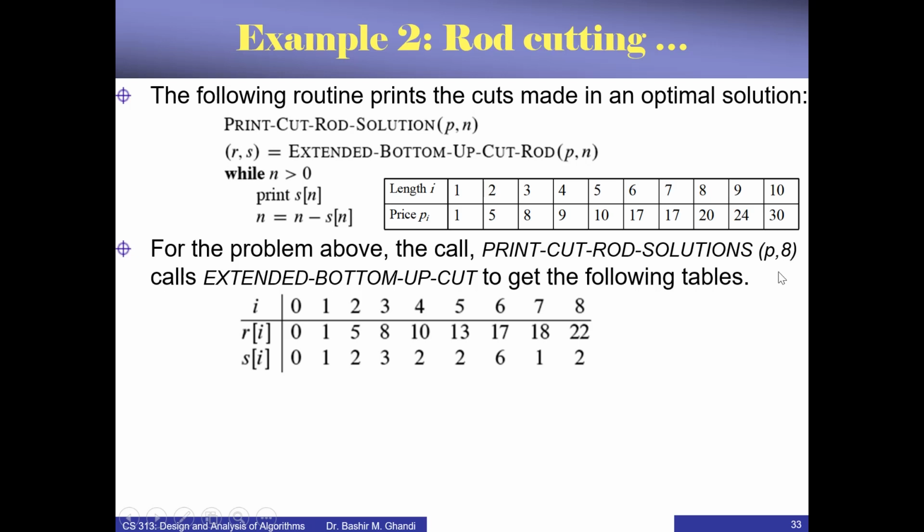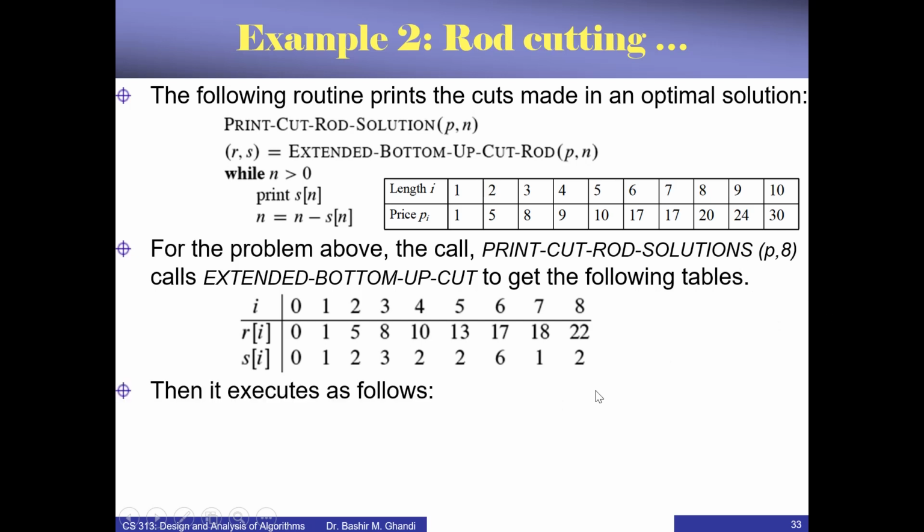The question is, what is the optimal revenue if I have a rod of length 8? Not only that, how do I cut the rod in order to obtain the optimal revenue? Okay, so this is the routine that will tell us the cuts that we're going to make.